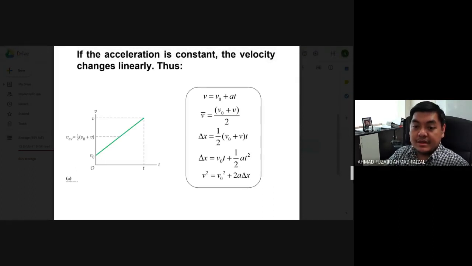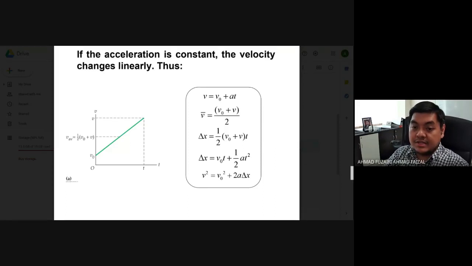This one is actually derived from the second equation. As you know, v is actually x over t. So when you bring this t, look at the third equation, to the other side of the equation, you have delta x over t equivalent to half (v naught plus v).